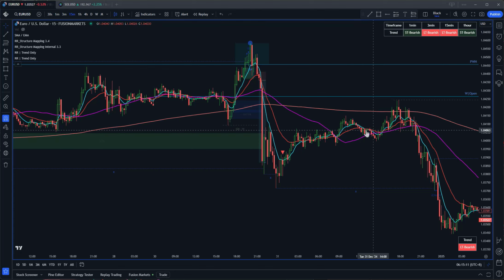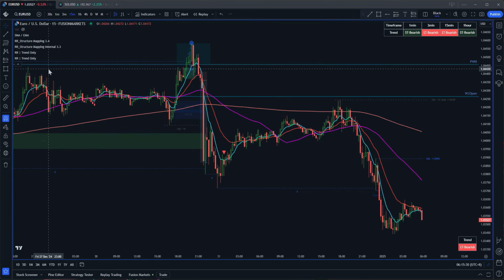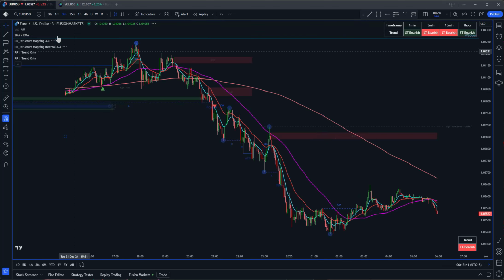Once we have the short term bullish, this is where on the 15-minute time frame the price is rejecting. So now this level and this level, we will treat them the same way. And how will we treat them? Look, on the 3-minute time frame we check again.